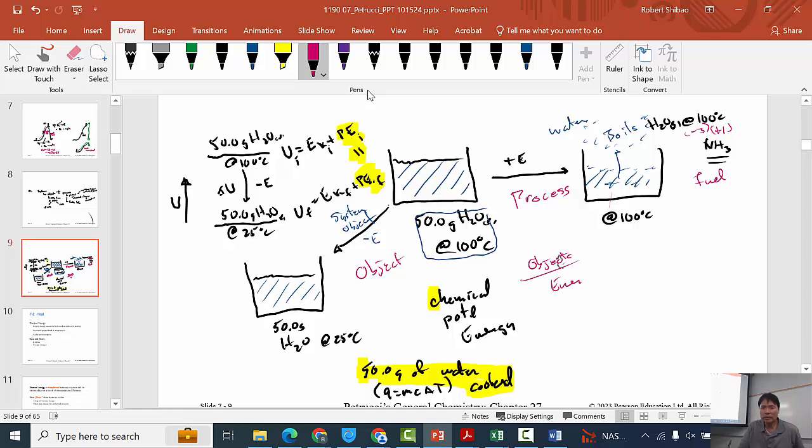We're going to talk about energy in the form of heat, which is given the symbol Q, and is related to temperature by the specific heat or the heat capacity. So this is for objects, and so let's take a look at the heat capacity next.